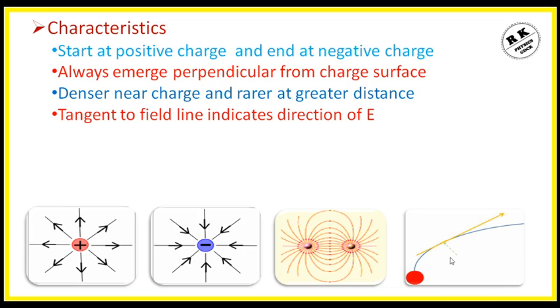If we look at this figure, let us suppose that the red sphere is the charge and this blue line is the electric field line. If we draw a tangent to the field line at this point, the direction of the tangent will indicate the direction of the field. At this point, the field is acting in this direction as shown in the figure.